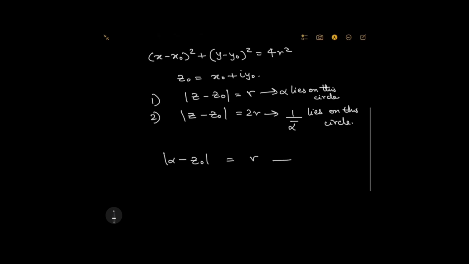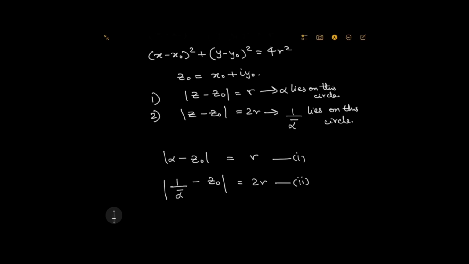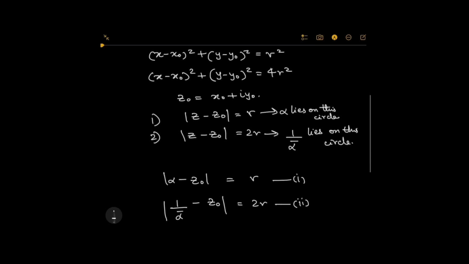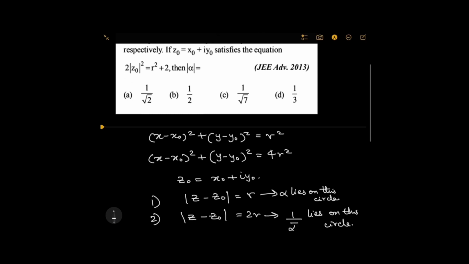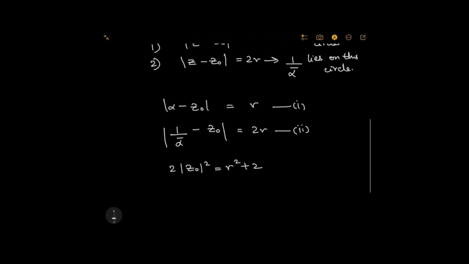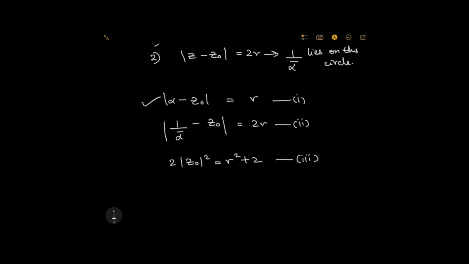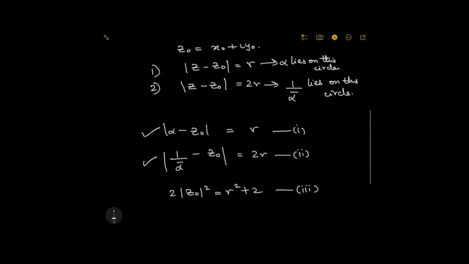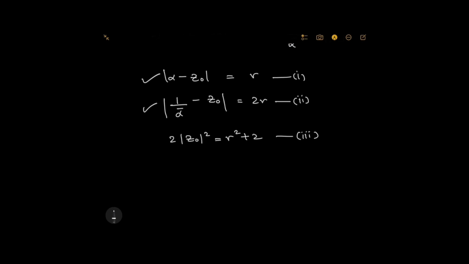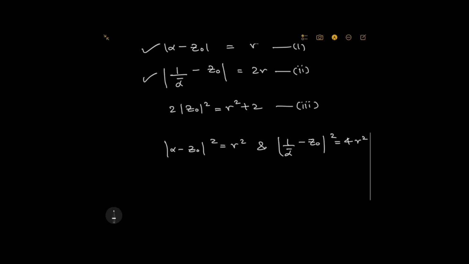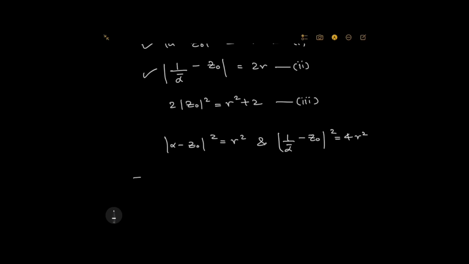That's equation 1. And we have another equation, this one, that is relating z naught. This is given. Now we will be squaring equations 1 and 2.